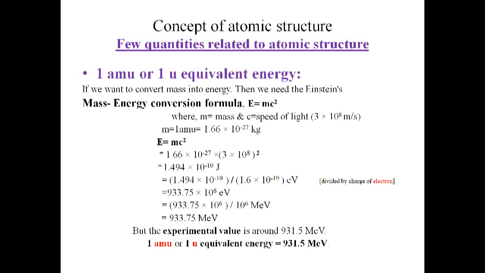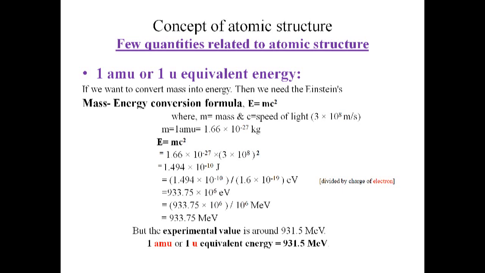We need to remember there are different units to define energy. Our most common unit, the SI unit, is joule. We often use the electron volt, and the most common unit for atomic and nuclear physics is the mega electron volt, MeV.